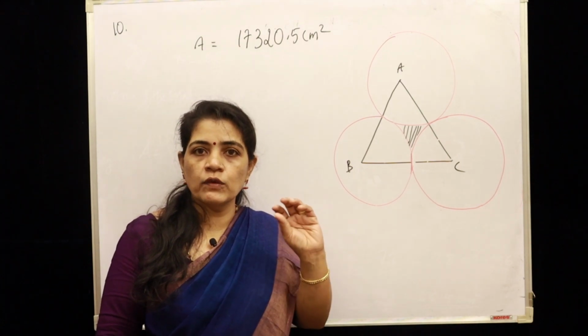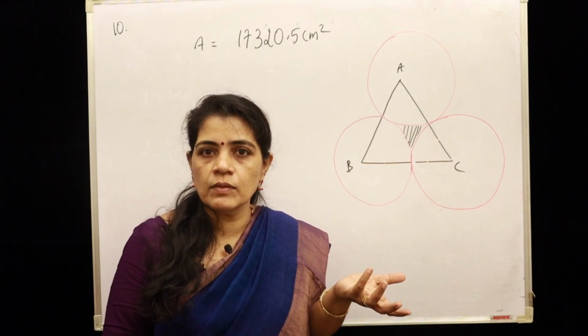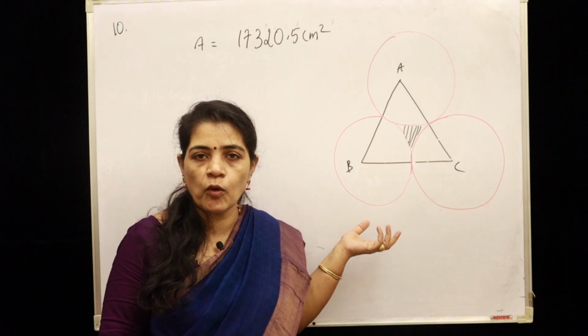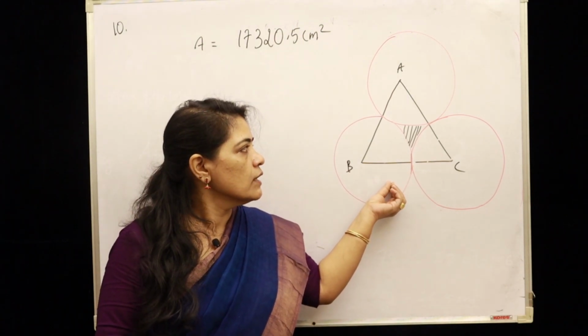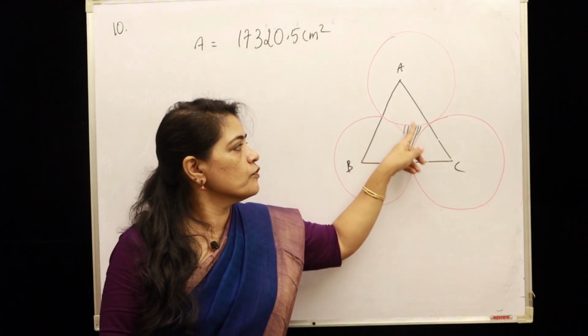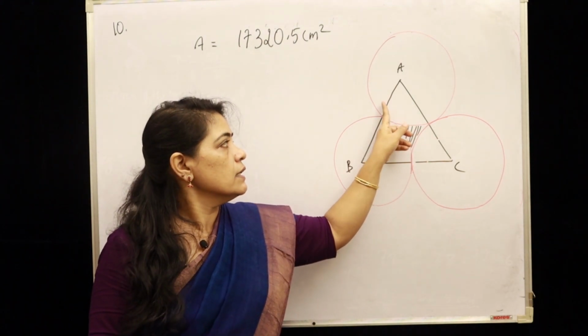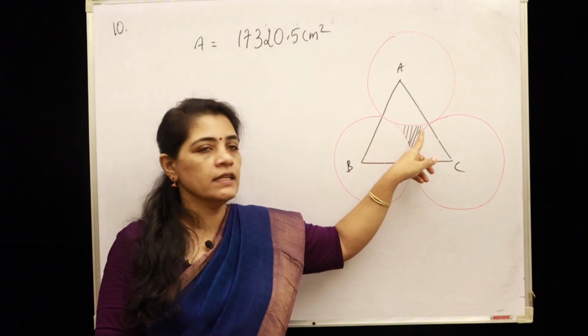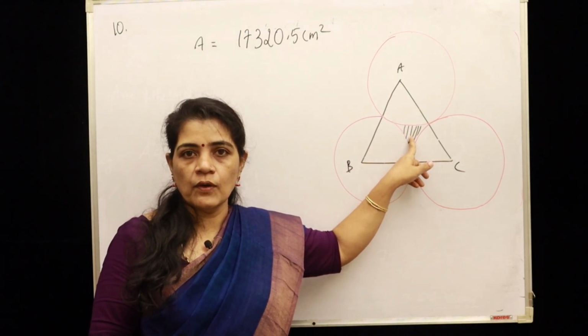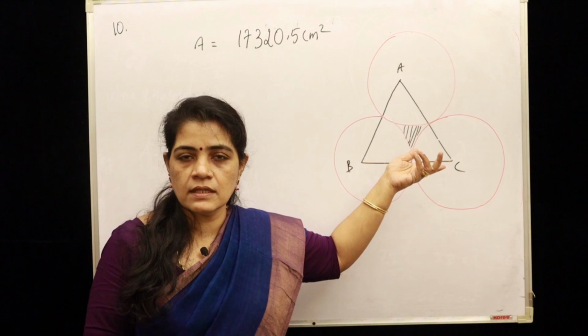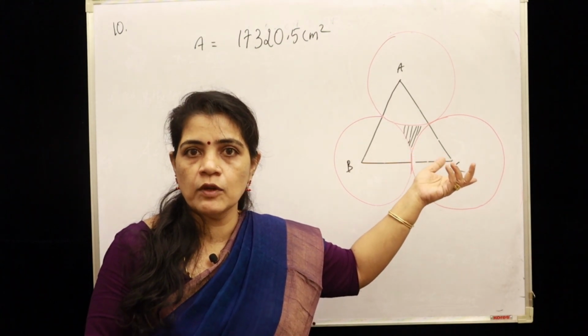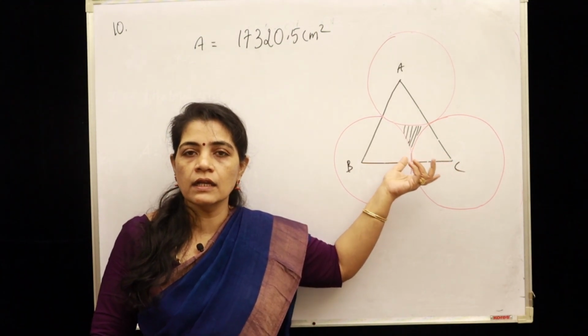To form the equation is quite simple in this 10th problem. We subtract the area of these three sectors, because a sector is the area bounded by two radii and its corresponding arc. Here theta will be 60 degree, because in an equilateral triangle all angles are 60 degree.